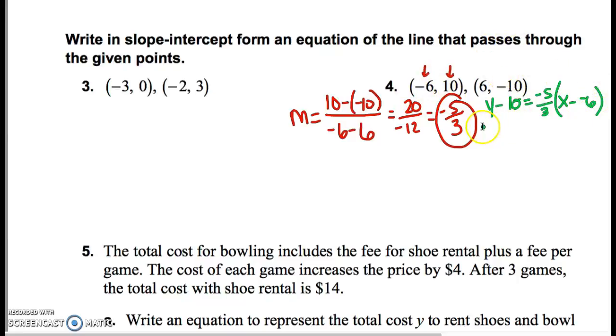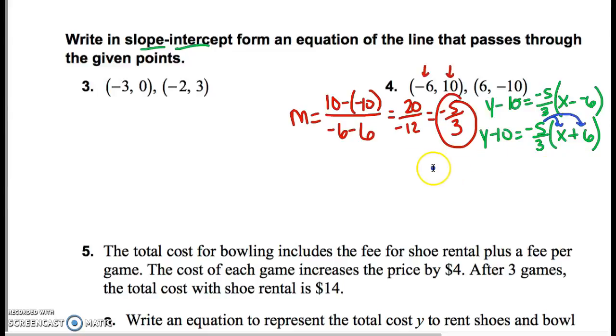Okay, I'm going to clean this up a bit. So I have y minus 10 equals -5/3 times x plus 6. But then again, they want it in slope-intercept form, so we need to solve this for y. Well, before you can solve it for y, you have to distribute first.